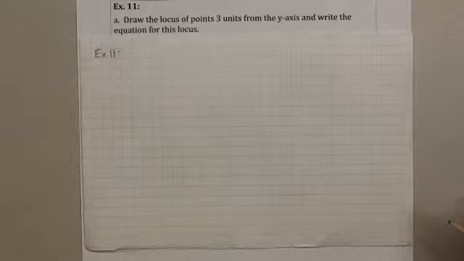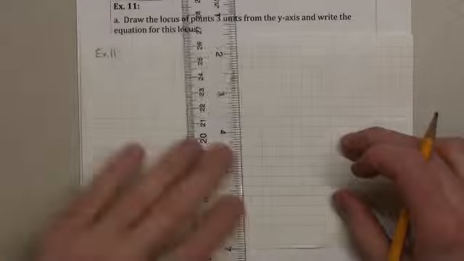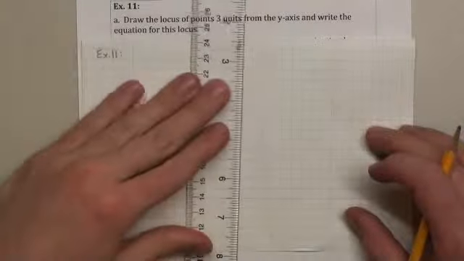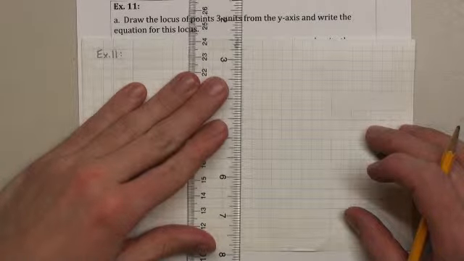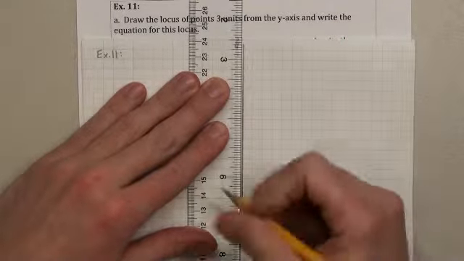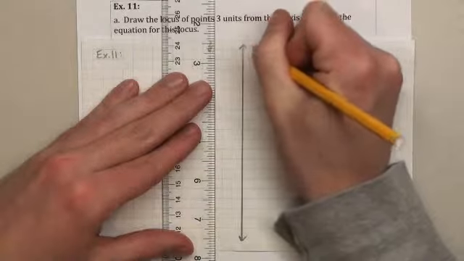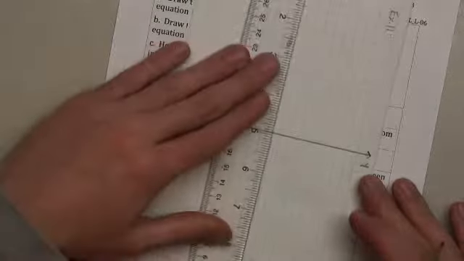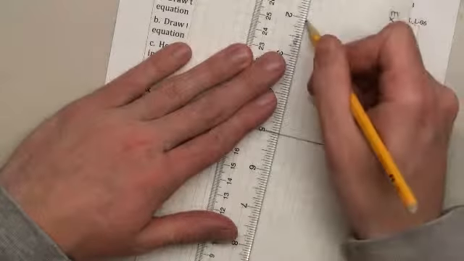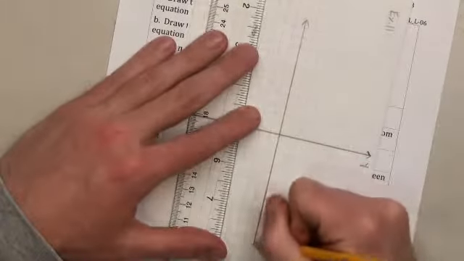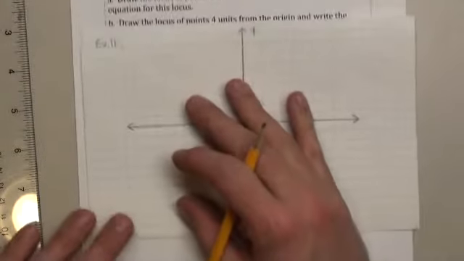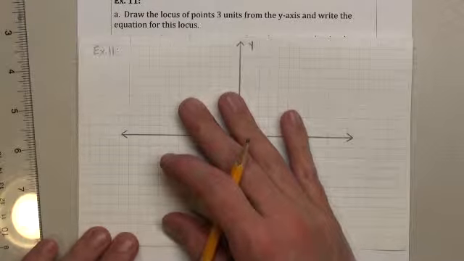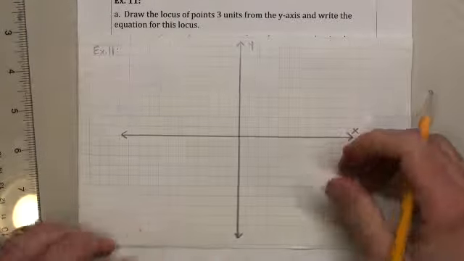Draw the locus of points 3 units from the y-axis and write the equation for this locus. So again, we need an x and a y-axis. Okay. Let's look at the first part. 3 units from the y-axis.